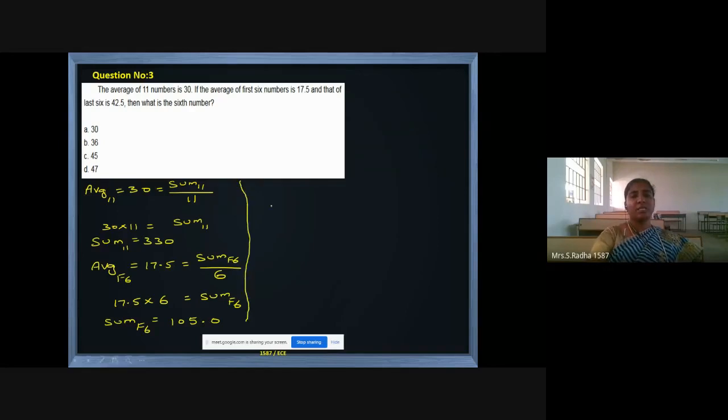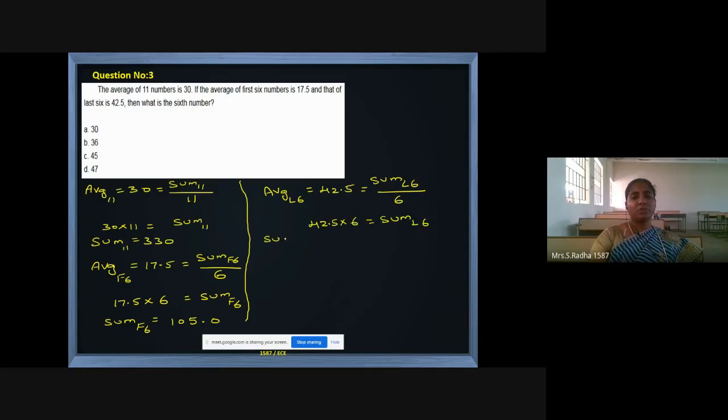Now I am going to the next sentence: the average of the last 6 numbers is 42.5, which is the sum of the quantities divided by the number of quantities. So the sum of the last 6 numbers will be 42.5 into 6.